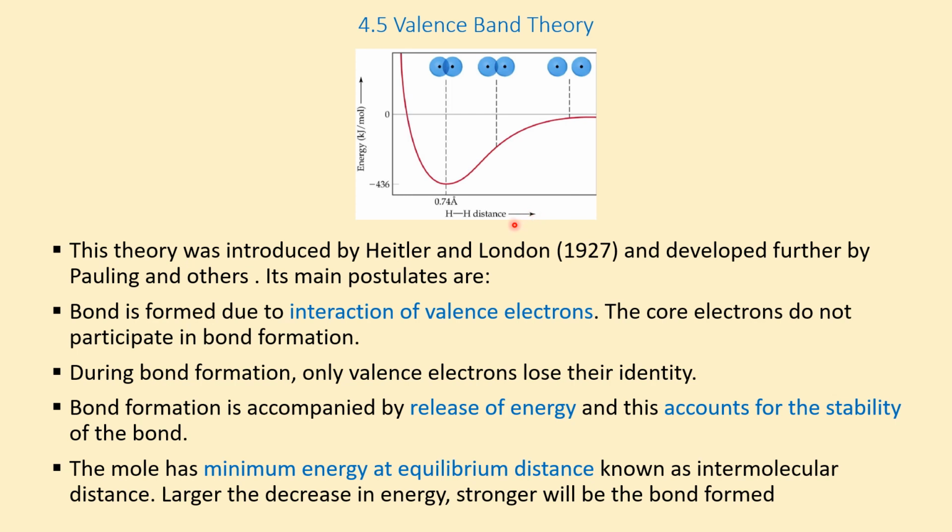The minimum in the curve corresponds to the most stable state of hydrogen. When the atoms are farther apart, there is no force of attraction or repulsion. As they come closer, the forces of interaction of valence electrons start. So bond is formed here.